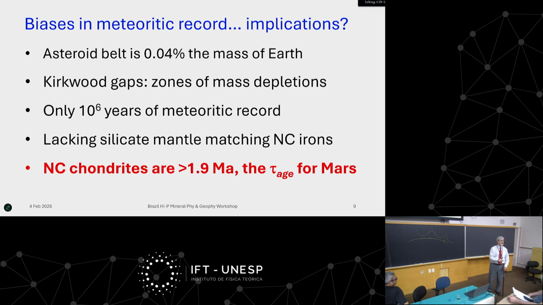So from achondrites, you have to get the iron and the silicate together, and then you have a chondrite, okay? So there's a lot of things to keep in mind. But basically, the two things that we can take away is that we're missing half the story from the early days, and that the building blocks here, the ones that we have, are older than Mars. I'll show you that next.